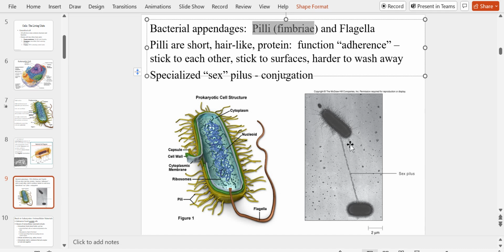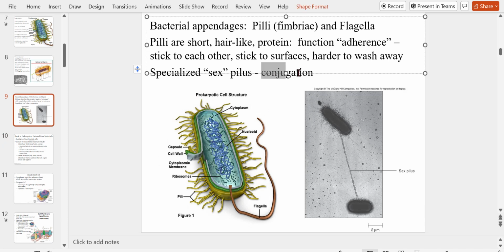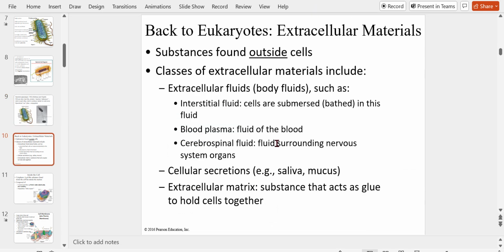And this can even happen between bacteria of not the same species. The pili are short hair-like proteins that function in adherence. They stick to each other, stick to surfaces, harder to wash away. The sex pili are about conjugation, the transference of information from one bacteria to another.